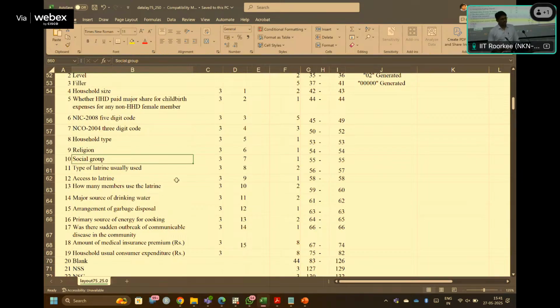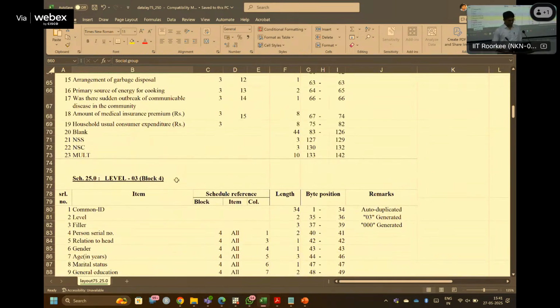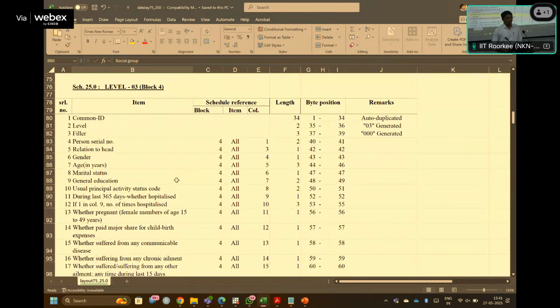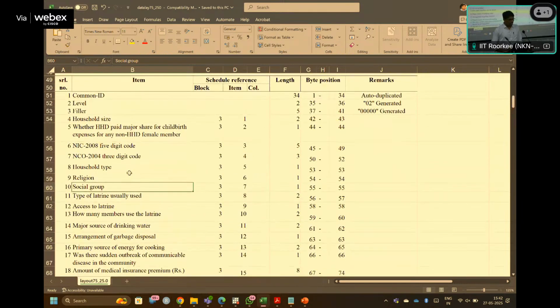So my purpose at this moment is to understand how these two separate DTA files, separate data files, can be combined together, so that I may be able to analyze or find out some association of how many male and female are covered in this round from different religion groups or from social groups.